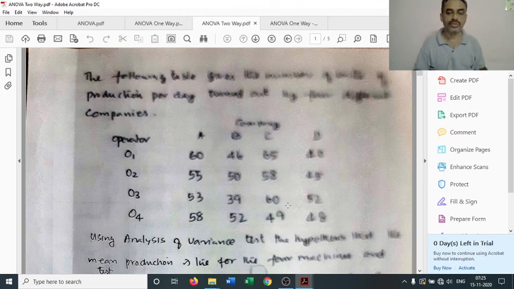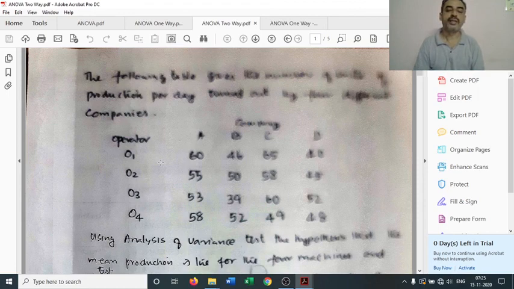The question is to examine whether all the operators are equally good in performing their functions, and next whether all the companies are equally good. In a two-way table we consider two factors simultaneously, factor A as operator and factor B as company.